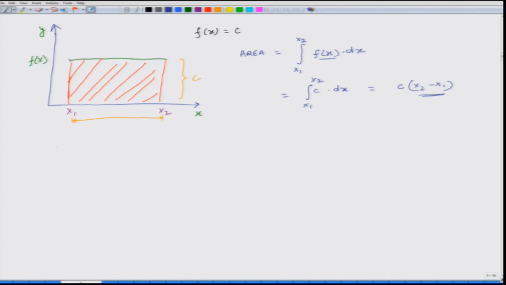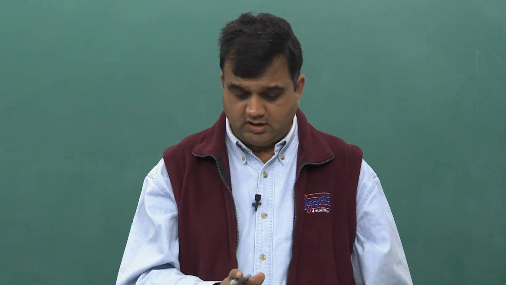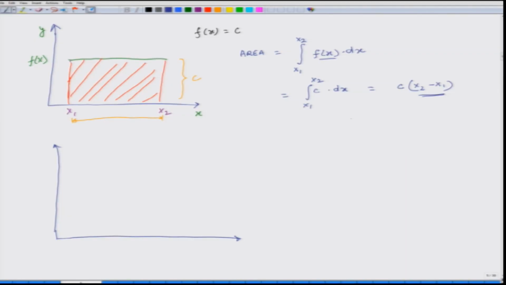Now, let us look at another example. Oh, by the way, before I go to the second example, a couple of things. Here the region of our interest under which we wanted to calculate area was x 1 to x 2. So, this x 1 to x 2 is the domain.